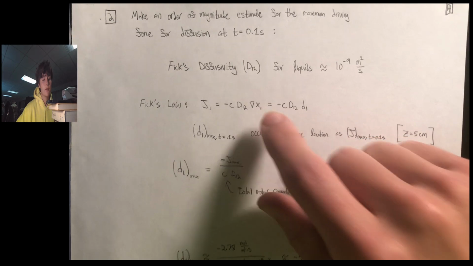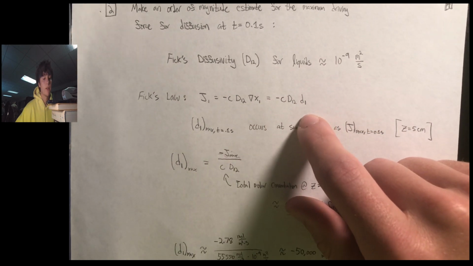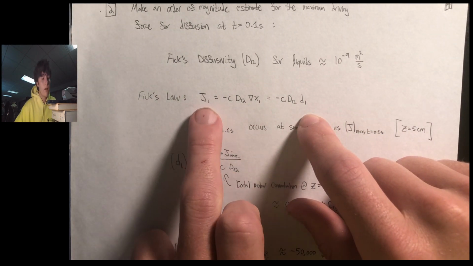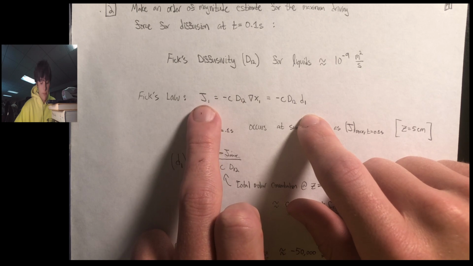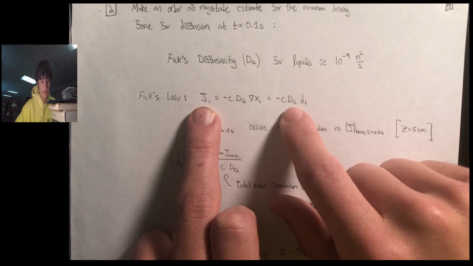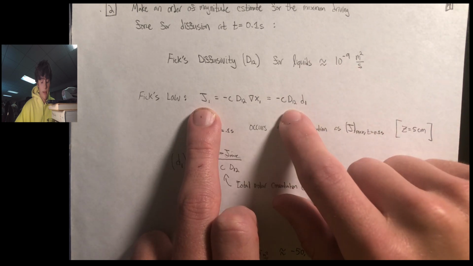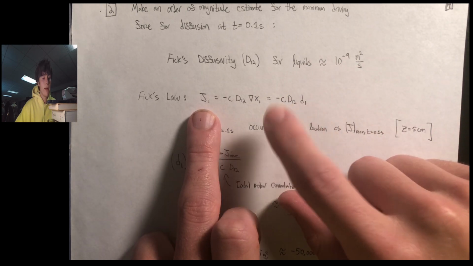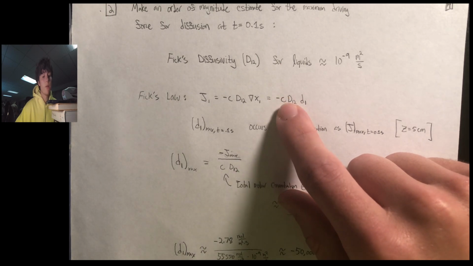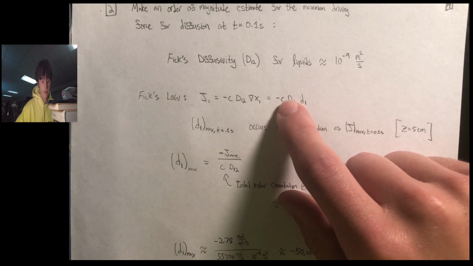And this gradient here is just the driving force. And so we know the molar diffusive flux, we know we're approximating the Fick diffusivity to be this, and then we just solve this for the gradient, and then we'll just have to calculate what the total molar concentration is.